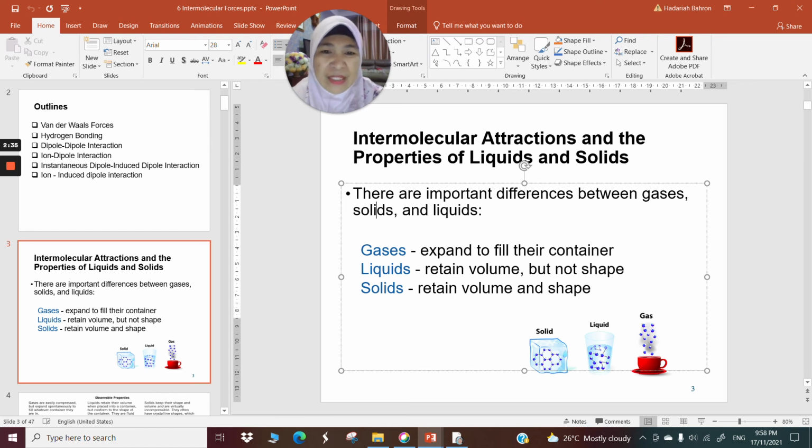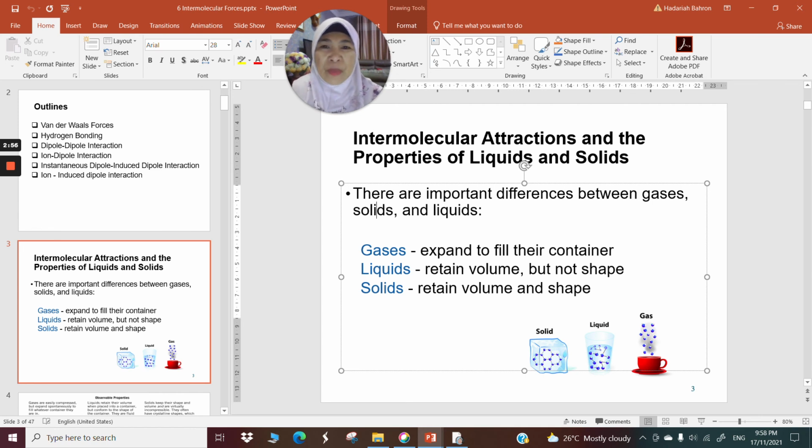Liquids will retain the volume, but not the shape. Once you take out the container, the volume will still be there, whereas gases, once released from a container, will just expand.